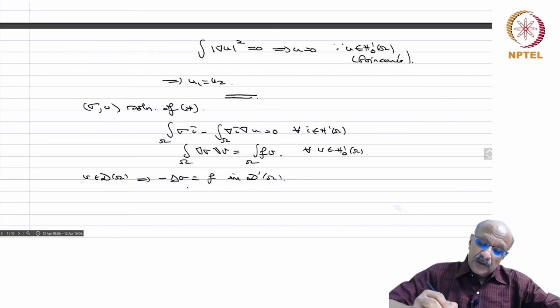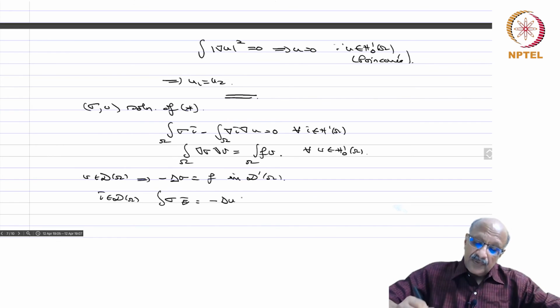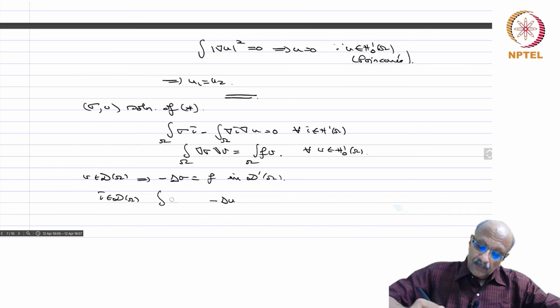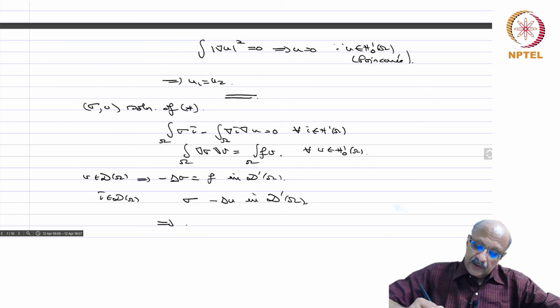And the first equation, if you use tau in D of omega, then you get that integral sigma tau equals minus Laplacian u times tau, so sigma equals minus Laplacian u in D prime of omega, and therefore from these two together you get Laplacian square u equal to f in D prime of omega.